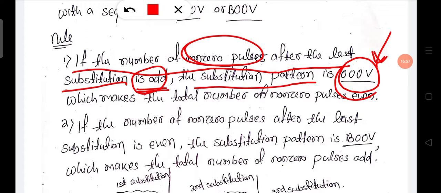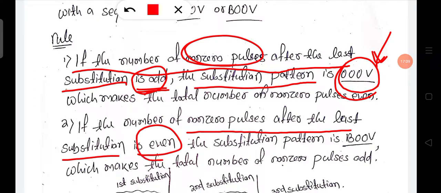And if the number of non-zero pulses after the last substitution is even, then the substitution pattern is B00V.